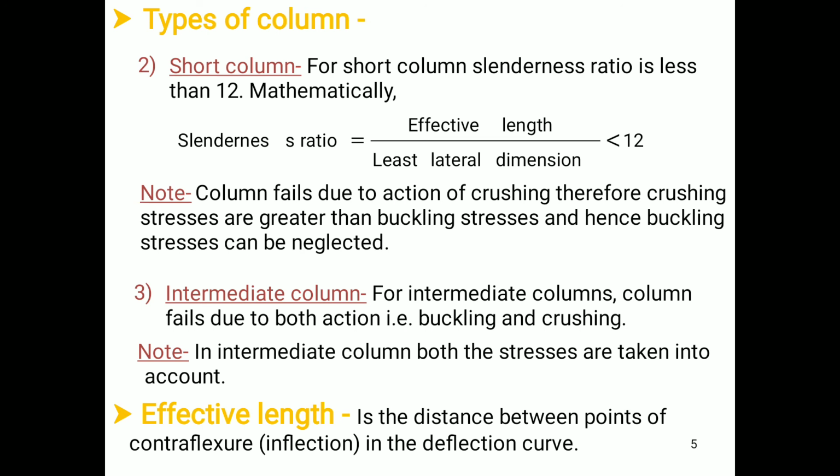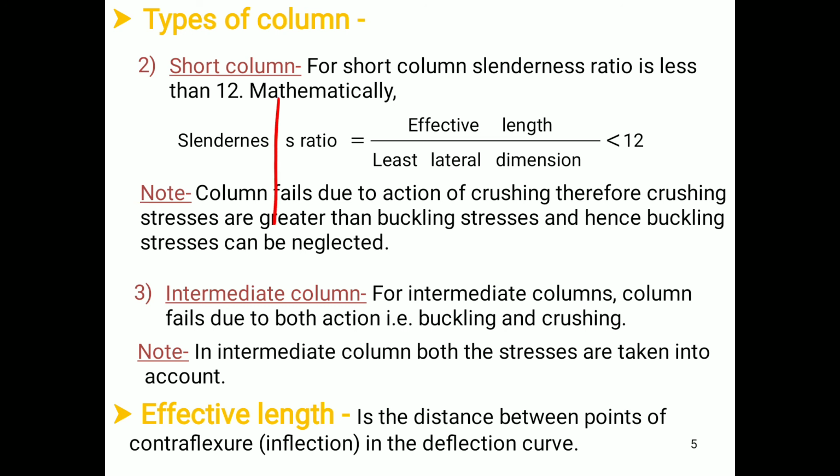Okay, now we are going to define effective length. Effective length is the distance between the points of contraflexure, or the distance between the points of inflection in the deflection curve.